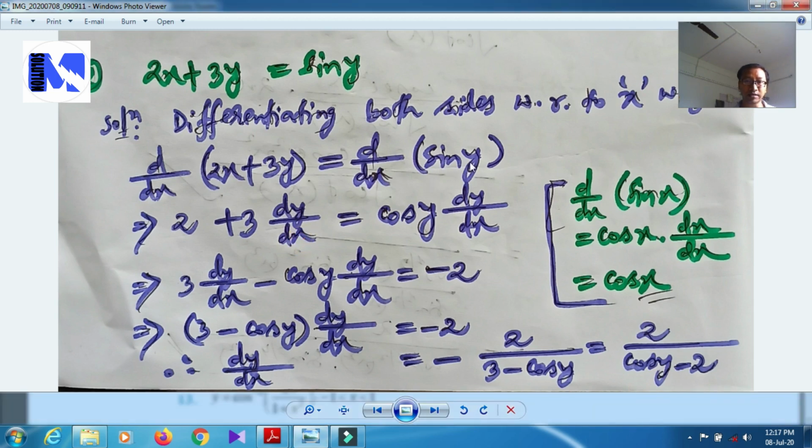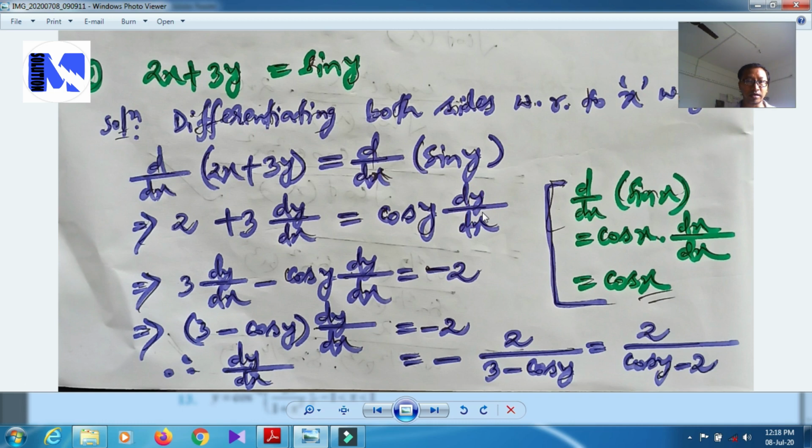If it is sin x, it is like this: sin x then cos x, and differentiating x, dx by dx cancels, and we only get cos x. But it is y, so it will be like dy by dx. Differentiation of sin y is cos y, and this y we have to differentiate by using the chain rule, as it is not x, so dy by dx.